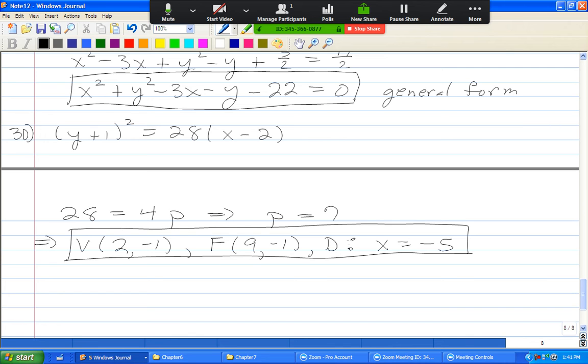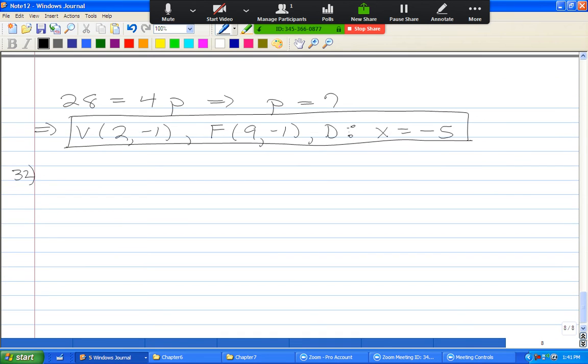Let me do problem number 32. The vertex is at the origin. The focus is at 0, negative 3.